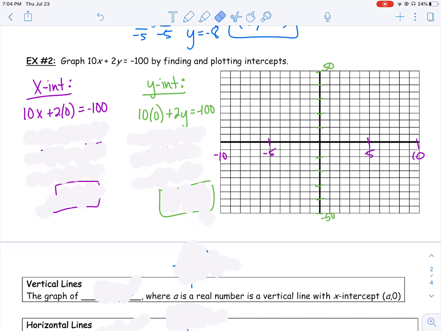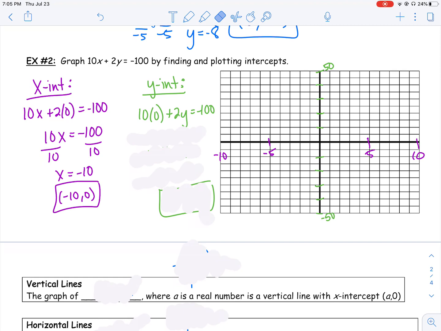For the x-intercept, 2 times 0 is 0, so I have an equation that says 10x equals negative 100. I can divide both sides by 10, and I end up getting x equals negative 10. So what point, ordered pair, does it cross the x-axis? Well, I know now that it crosses at the point negative 10, 0.